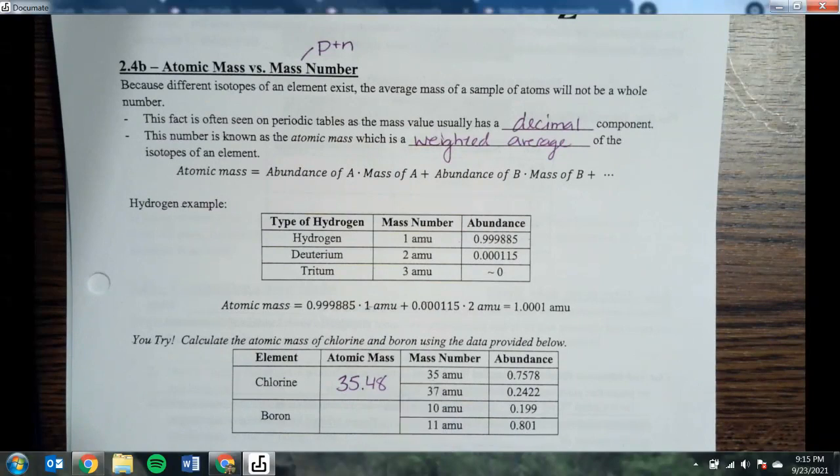So for boron, I again have 2 different isotopes. This one I have an isotope with a mass of 10, and then boron 11. If I look at this one, I want to take a second to make a mental prediction. If I look at the abundances, I see that isotope 11 is much more common. So I think my atomic mass is going to be closer to 11 than it is to 10. So let's plug it into our calculator.